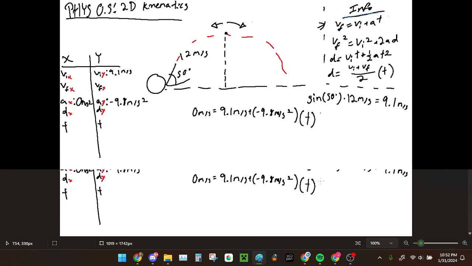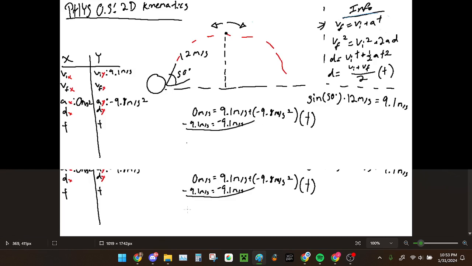We're trying to find this variable. So what do we do first? We want to isolate time, and our first step is subtracting 9.1 meters per second on both sides.